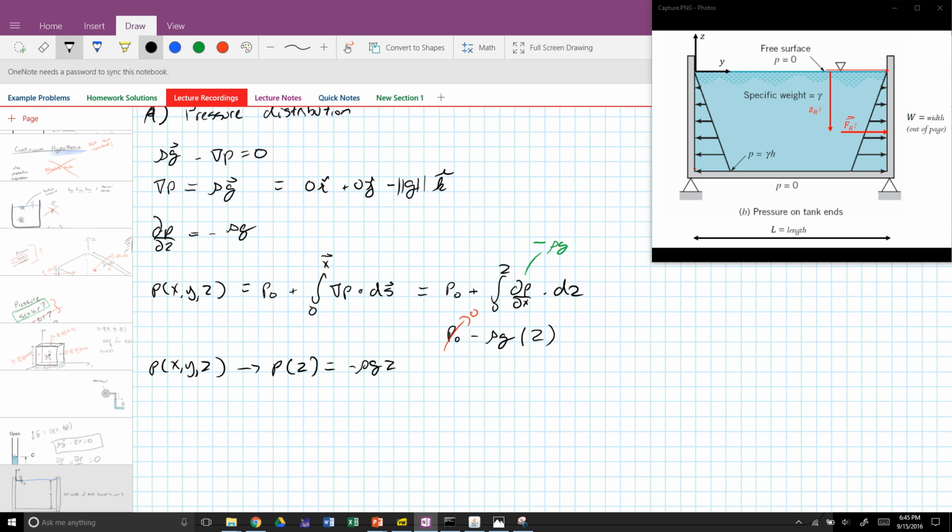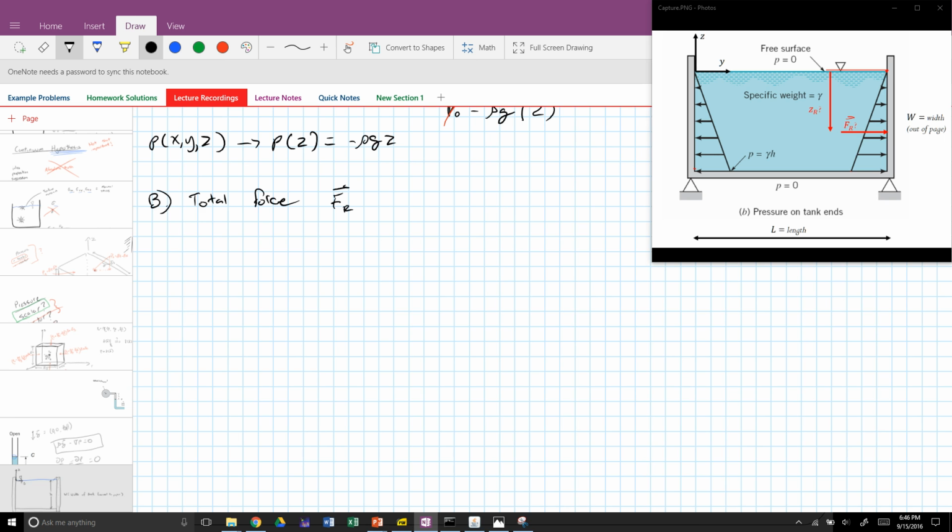So the next question is, let's find the total force. How do we do that? Part B, total force, or we're going to put this in vector form this time, the resultant force F. So before we do this, I'm going to explain the vector notation that we're using here.